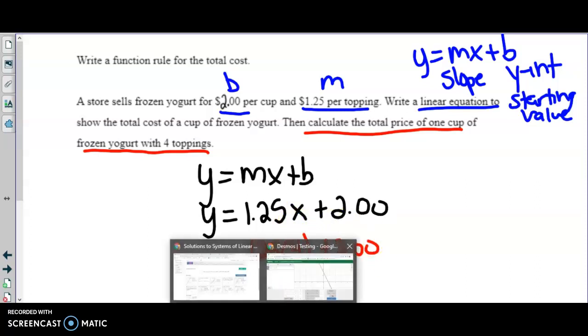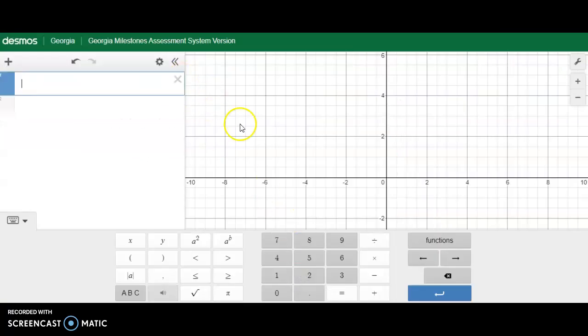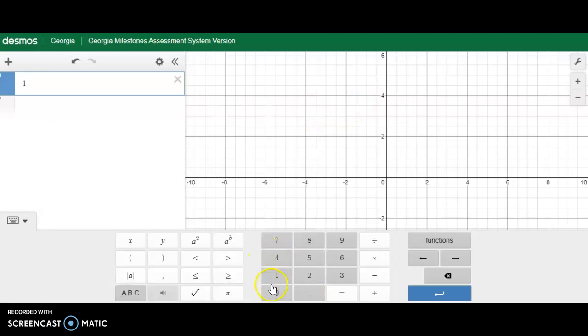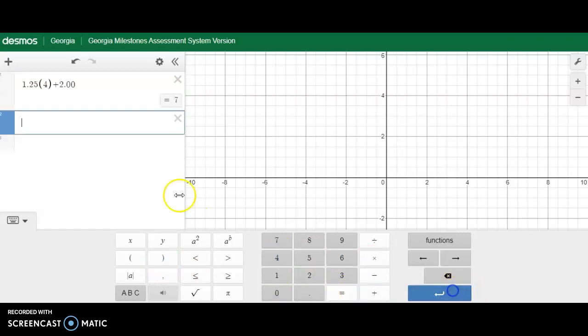That'll just help you keep it straight when you go to the calculator. So 1.25 times 4 plus 2.00. So the total cost would be $7.